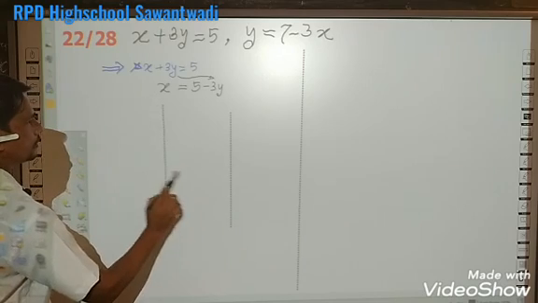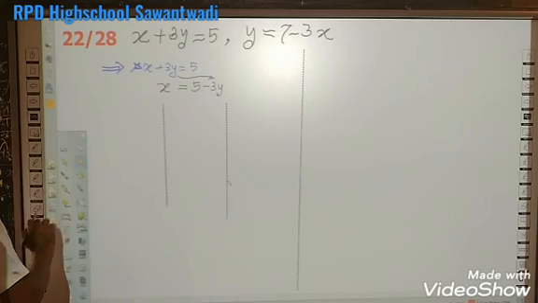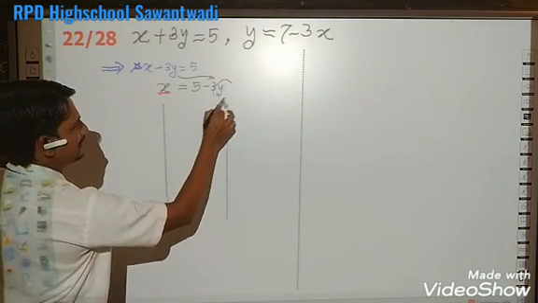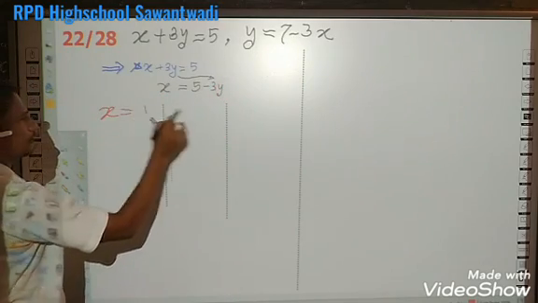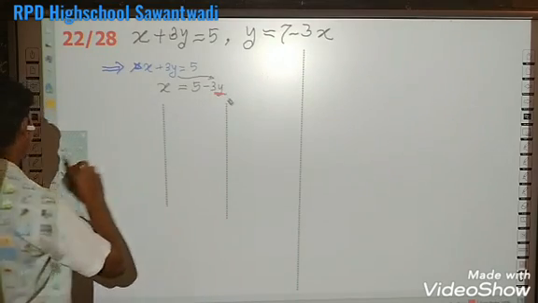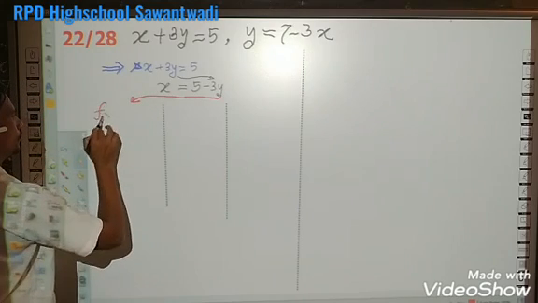As I told you, here we are going to find the value of x. Therefore, you will have to make an assumption about y. Here we cannot take x is equal to 1, 2, 3; we take y is equal to. So here you will have to select for y is equal to.